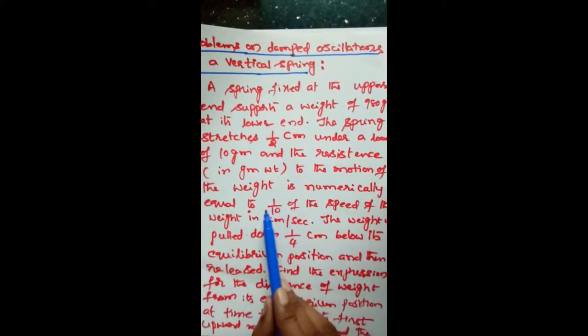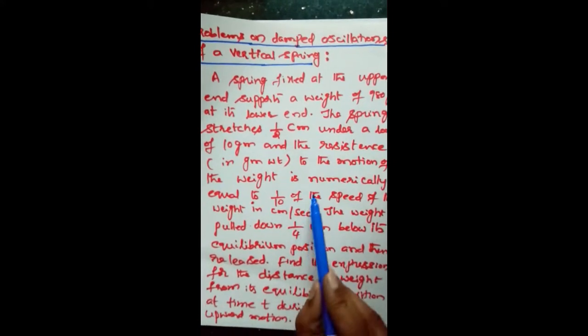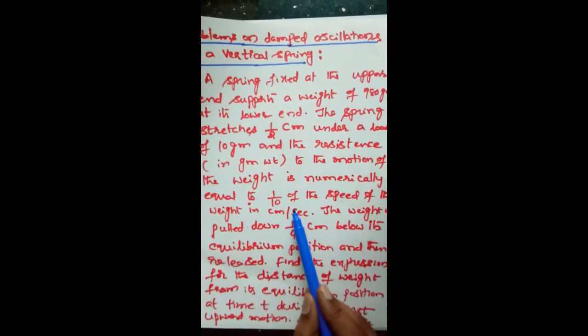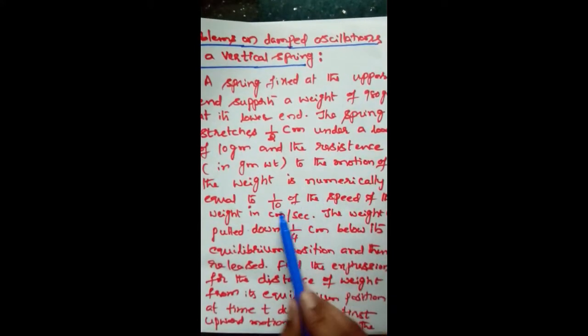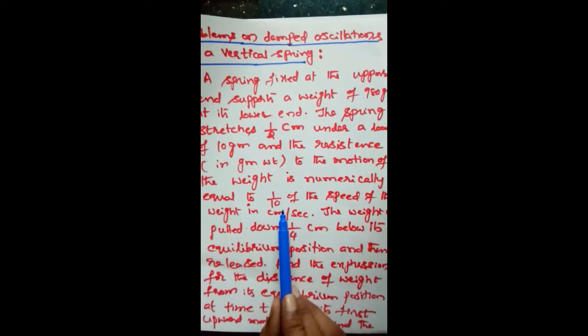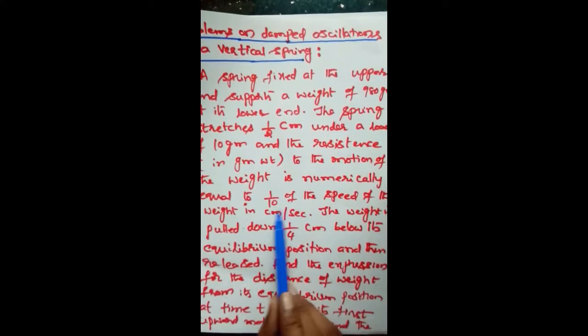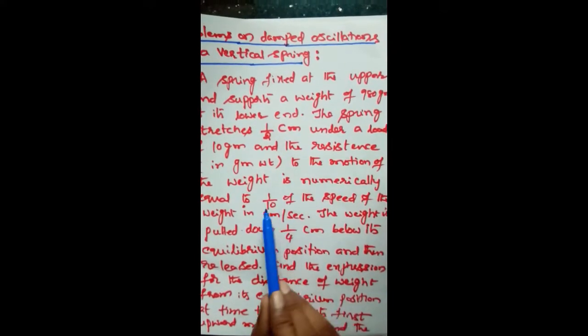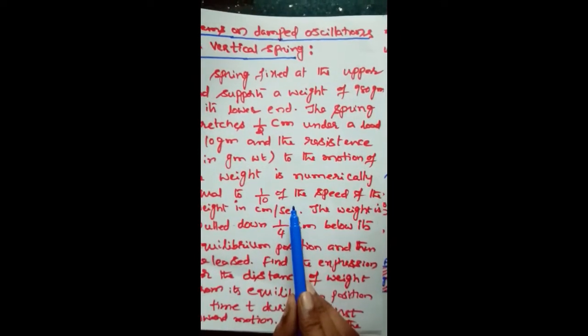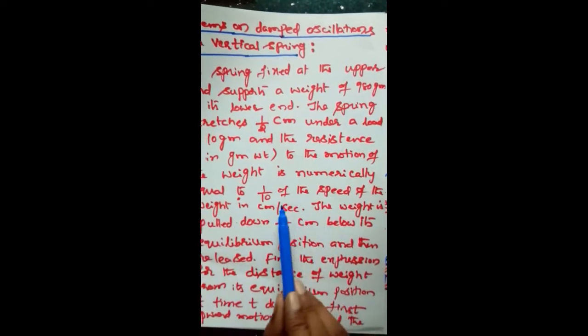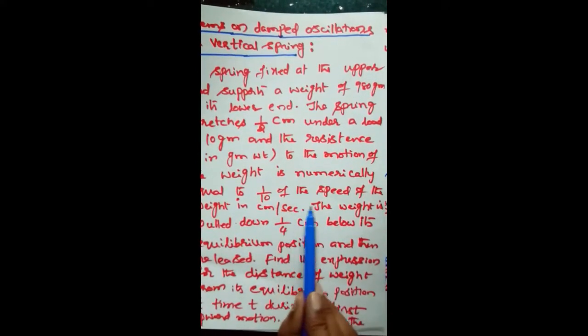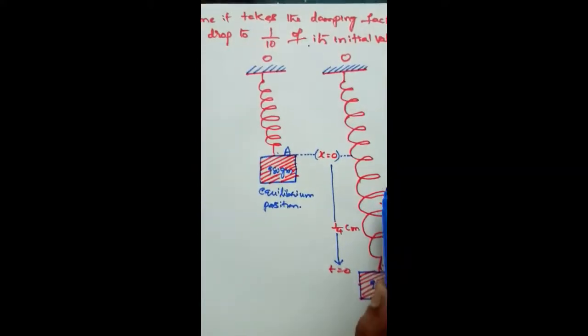That means 1 by 10 of dx by dt is the resistive force, that is, the damping force lambda into dx by dt. This additional force of resistance is called the damping force.